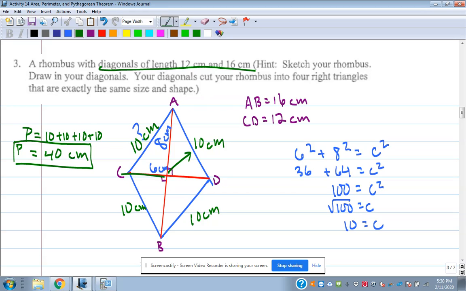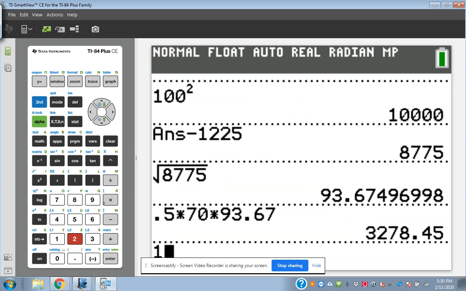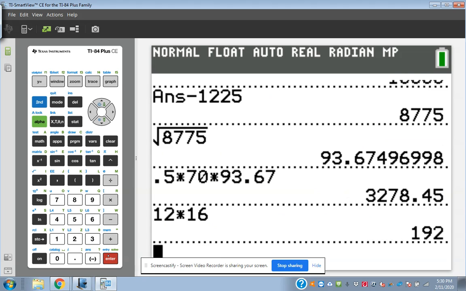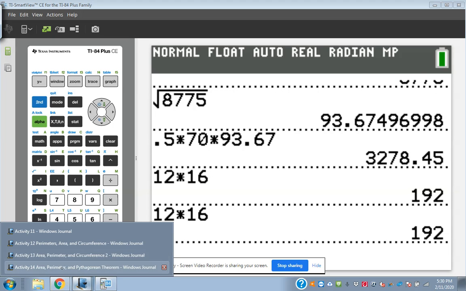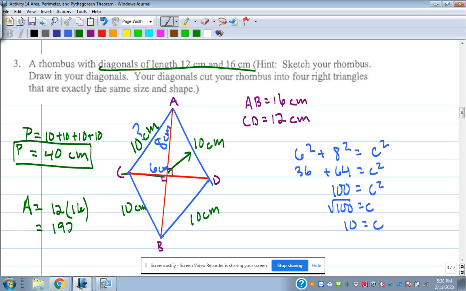So 16 times 12, so area 12 times 16. Yeah, still on number 4 or number 3 there. To get the area, 12 times 16 is 192 square centimeters.